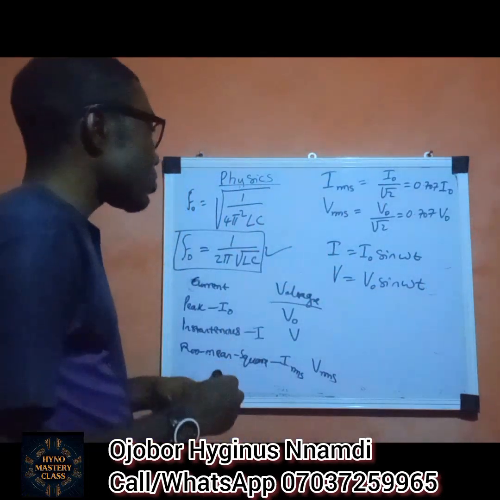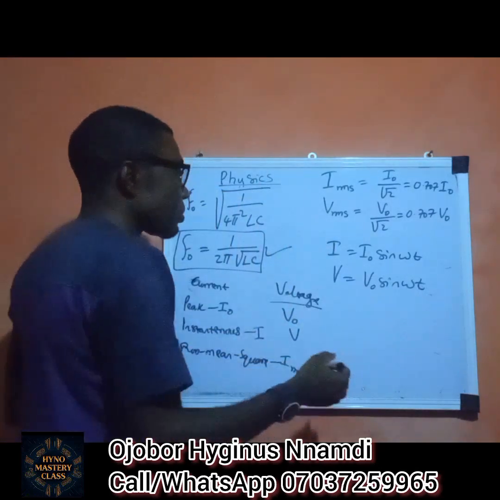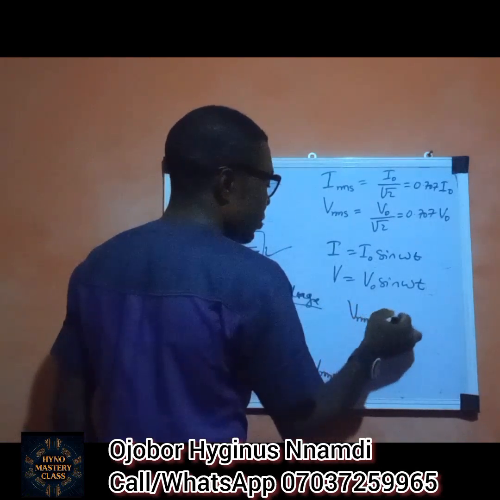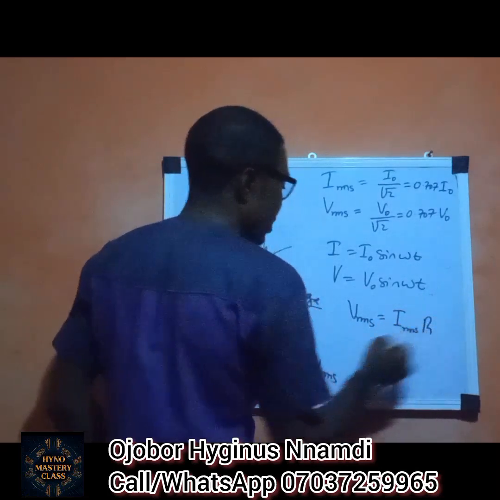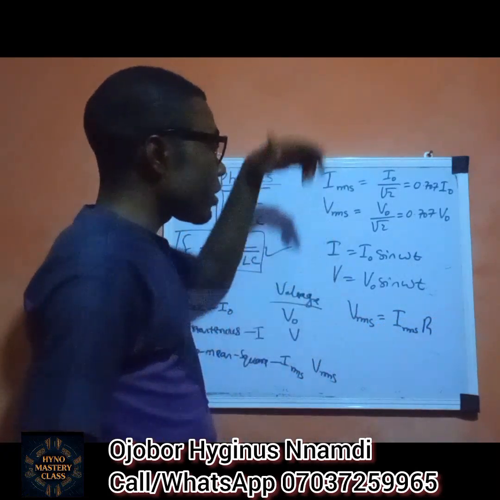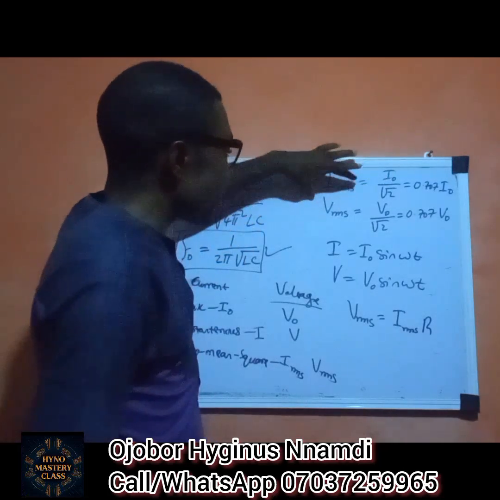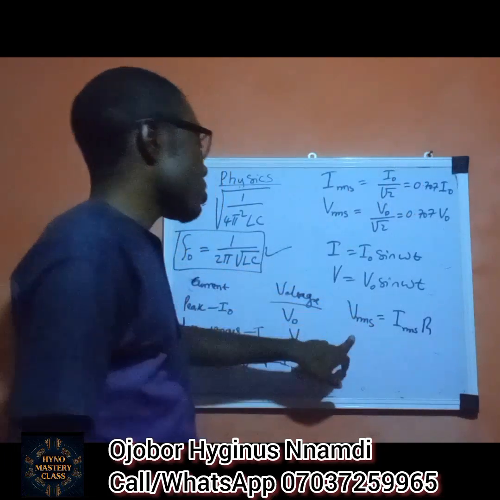So if you are to determine, maybe in an only R circuit, the root mean square voltage, you should know that it is going to be the root mean square current times the resistance. You cannot use the peak current to determine the root mean square voltage. So if you are given the peak current, you have to first of all use the peak current to get the root mean square current before you can now use it to determine the root mean square voltage.